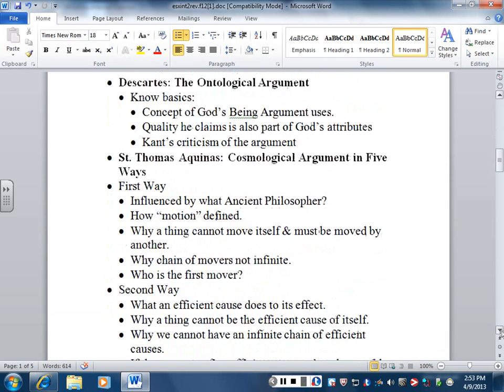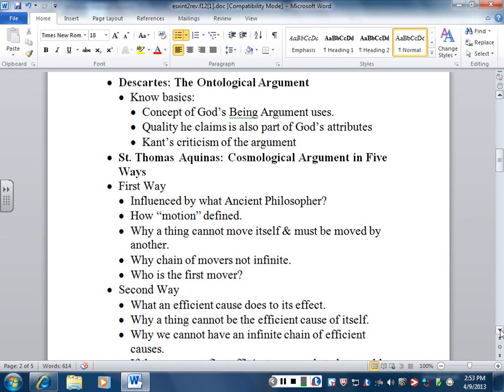Now, what Descartes does is he goes with the concept of God as the most perfect being imaginable, or as the being that possesses all perfect qualities.